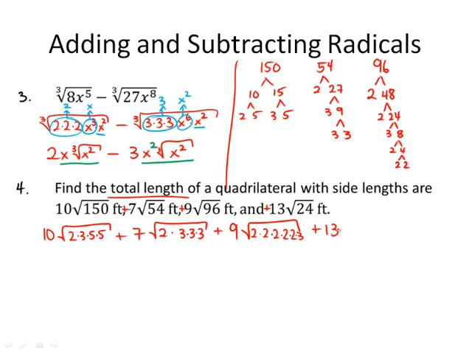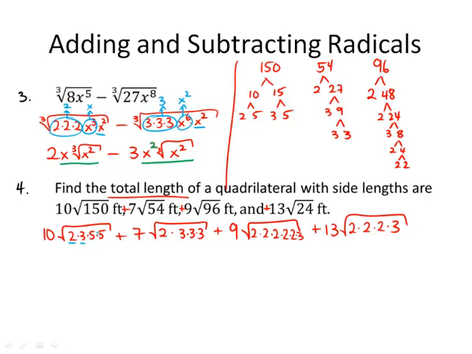And the last one is root 24, which is 2 times 12, which is 2 times 6, which is 2 times 3. Let's check that. 4 times 6 is 24. Yes, it is. So you can sometimes do them in your head if possible, or write them out on the side. Now these are square roots, so we want to look for pairs.